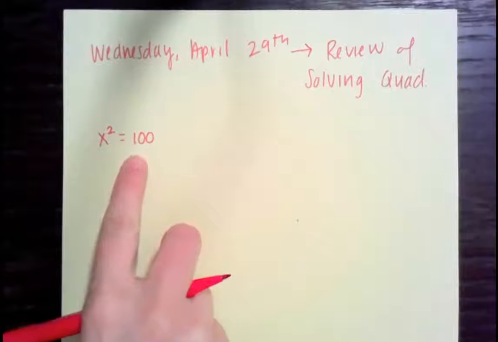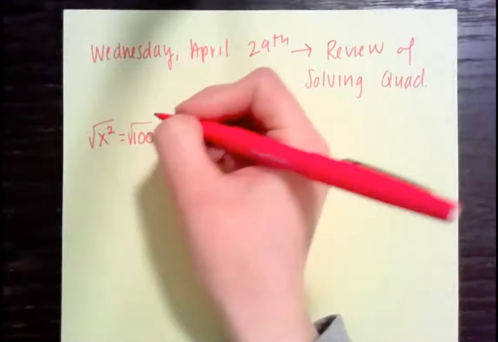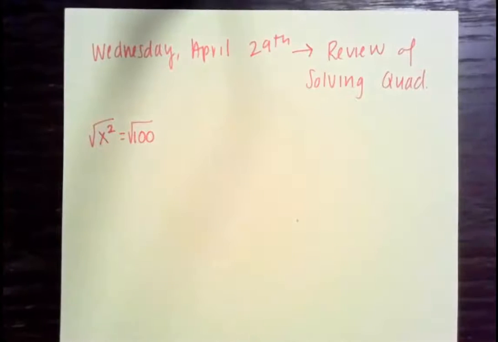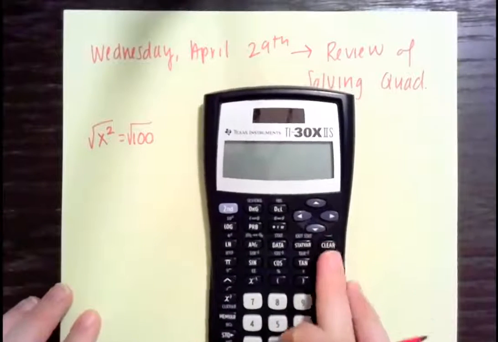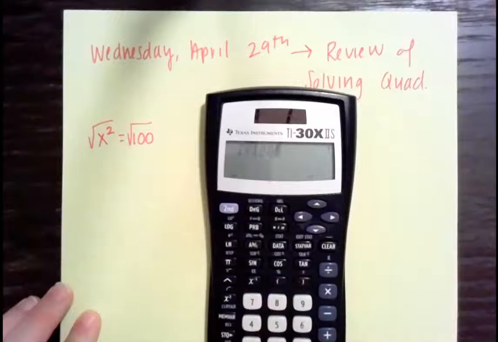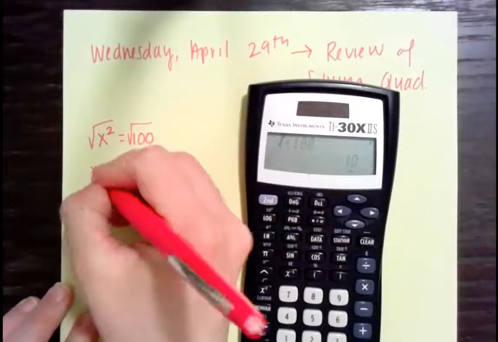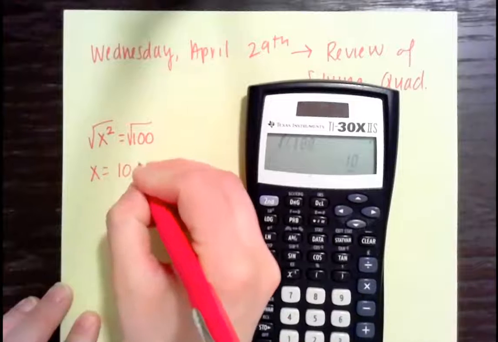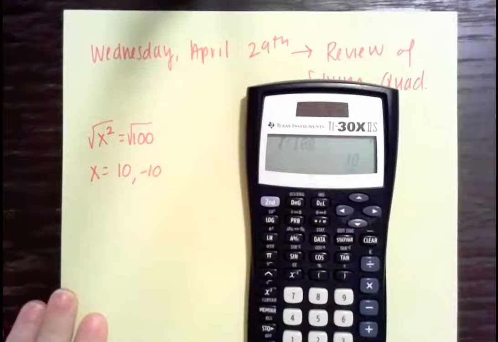And since I don't have that C term or that B term, we can just simply take the square root. Remember to take the square root of something, you just type it in our calculator and I get 10. But just remember though, 10 times 10 gives me 100, and so does -10 times -10. So -10 and 10 are our 2 answers.